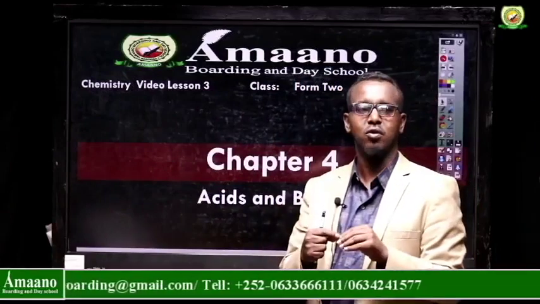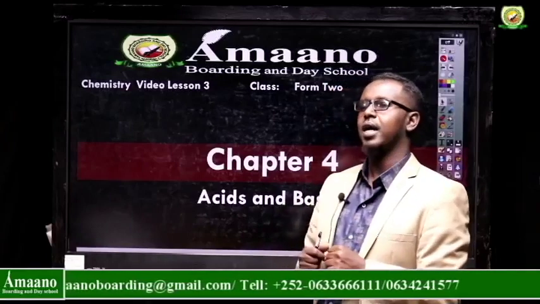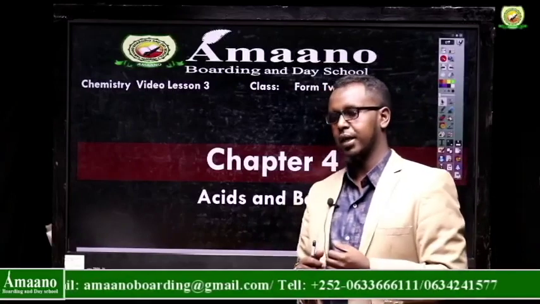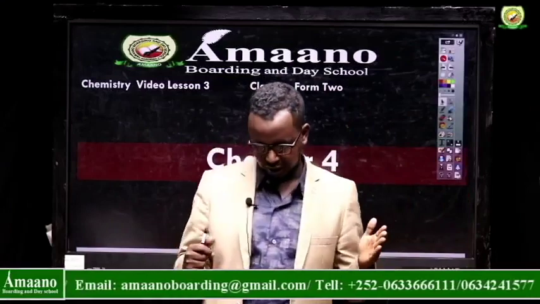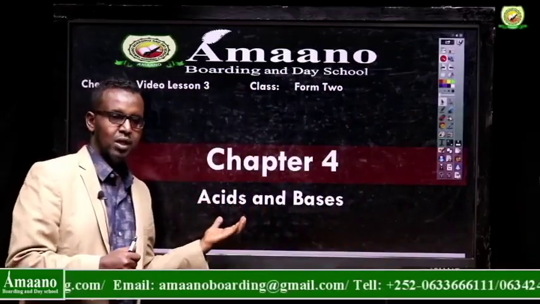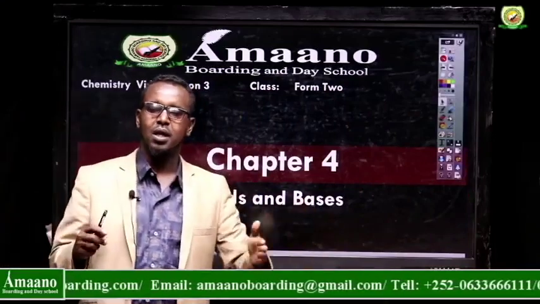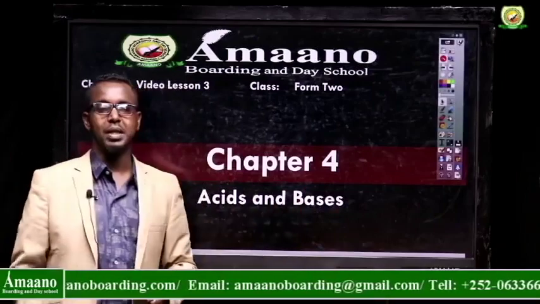Again, some properties of acids, and what causes acidity. In that subtopic, we divided acids into two parts: strong acids and weak acids. So with the same principle, we want to start bases.